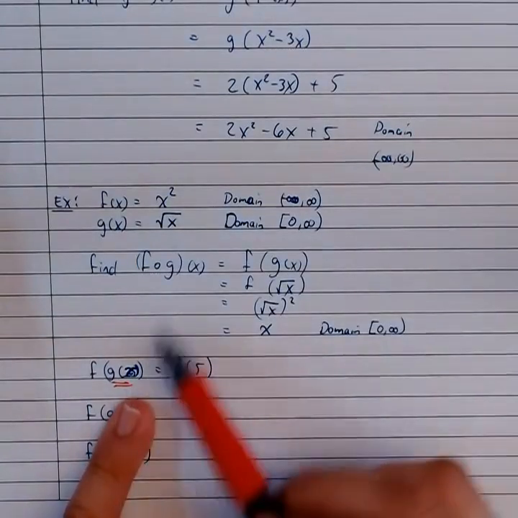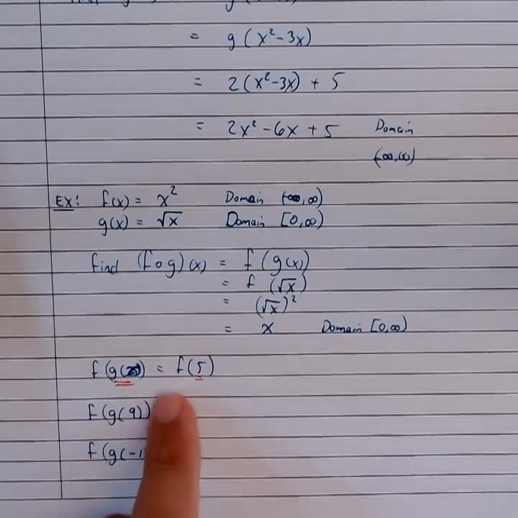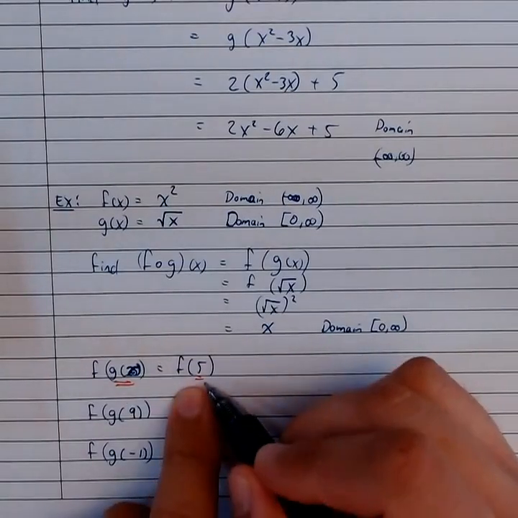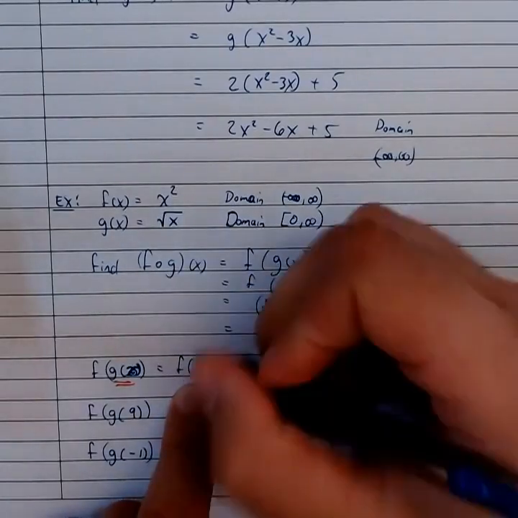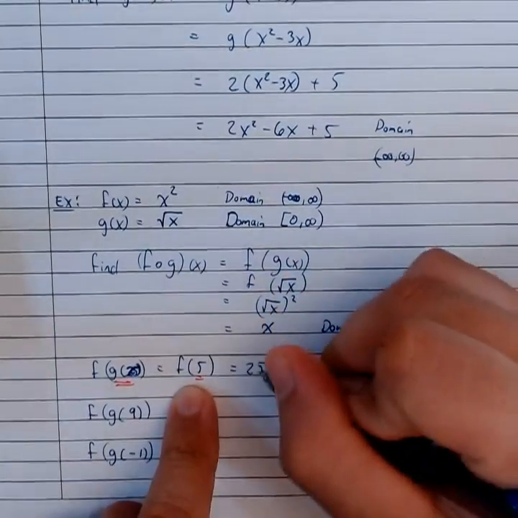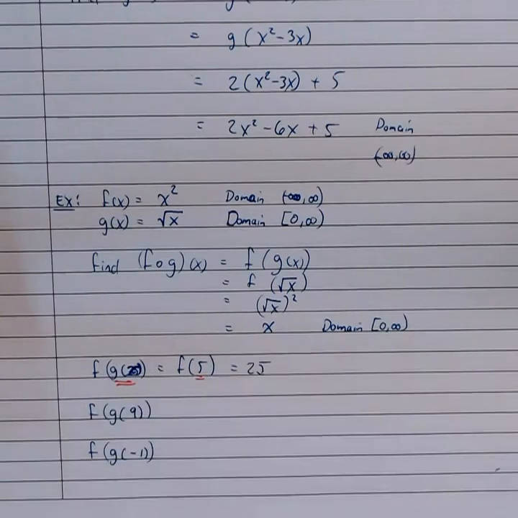Okay, but now f of 5, well, that means I'm plugging 5 into f. So 5 squared is 25. Okay, cool. No problem. If I plug 25 into this composition, I get an answer.